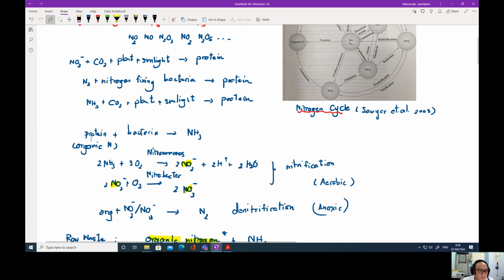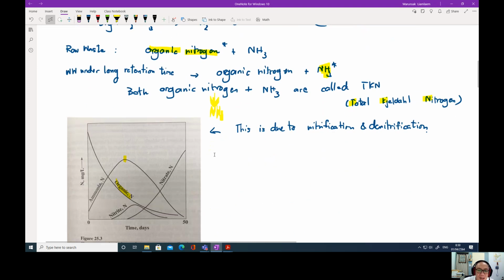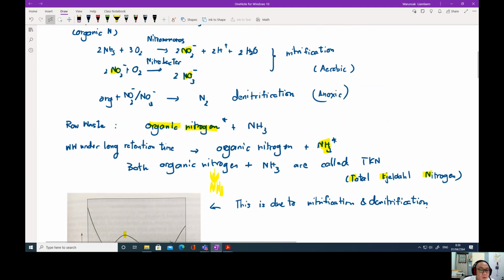According to this reaction, the proteins are broken down by the bacteria, and these nitrogens become ammonia. So at the end, you will find a significant amount of ammonia after we keep the wastewater for a long time. But for the raw waste, you will find significant amounts of organic nitrogens and not the ammonia. So it just reverses when we keep the wastewater for a long time.